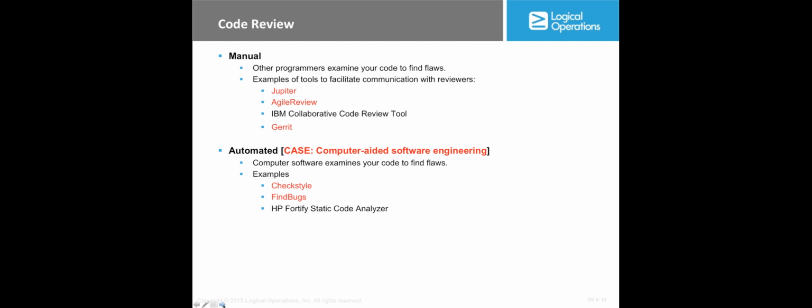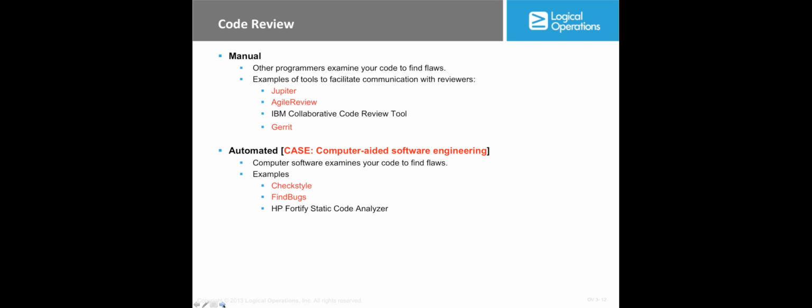Now those generally you'll hear them referred to as CASE, like computer aided software engineering. Those are used primarily for people like me, right? That are not a true born and bred expert at writing Java or Ruby or C Sharp or C. I will employ CASE tools that are going to check against the best practice.